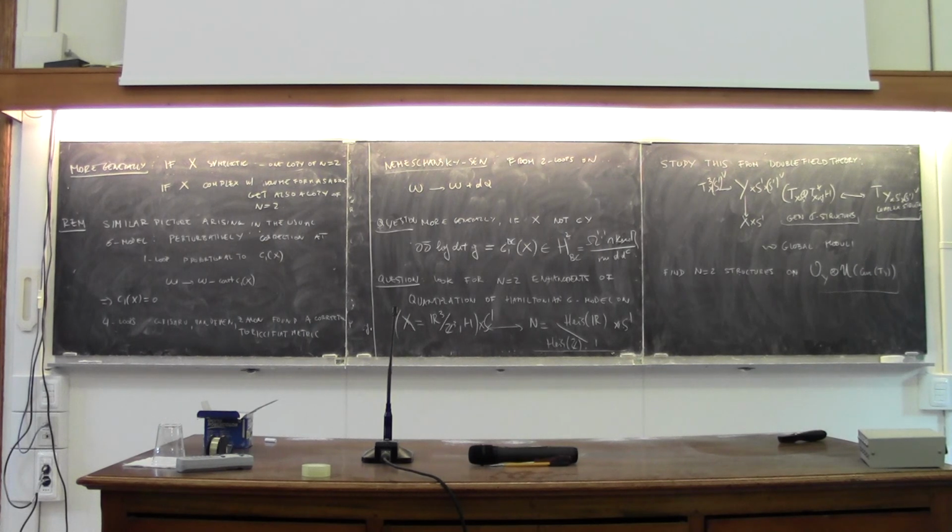So you have the Hilbert space, you have this operator, and you can ask for a copy of the N=2 superconformal algebra, or more than one copy, sitting inside this object, and see what it gives rise to.